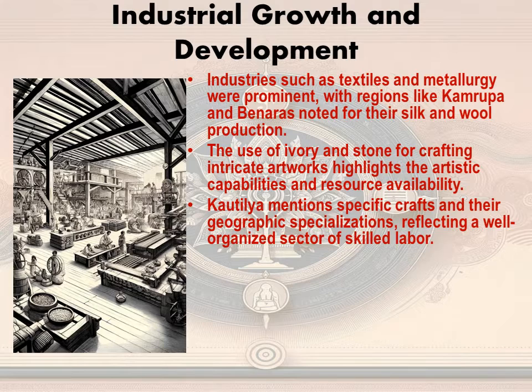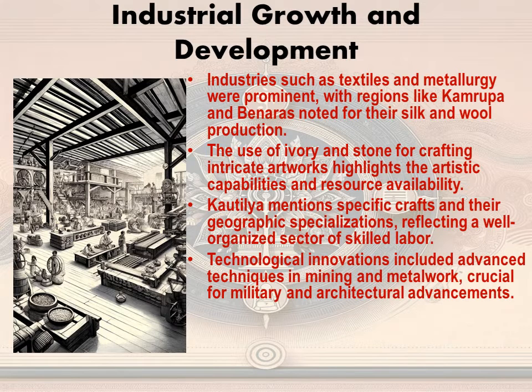Kautilya mentions specific crafts and their geographic specializations, reflecting a well organized sector of skilled labor. So, there were specialized craft production as mentioned in Kautilya's Arthashastra, and those specialized workers used to live in a specific geographical spot, probably for enhancing their business. And thus, we get a reflection into the well organized sector of specialized units for different kinds of craft production.